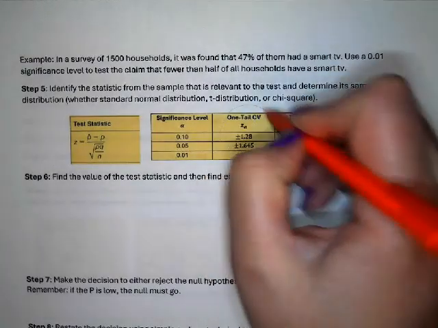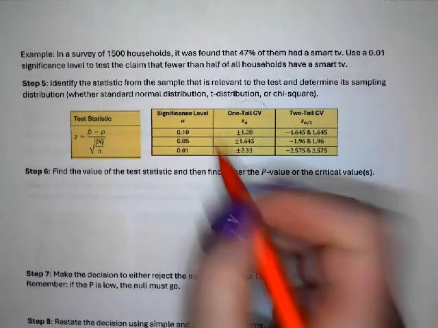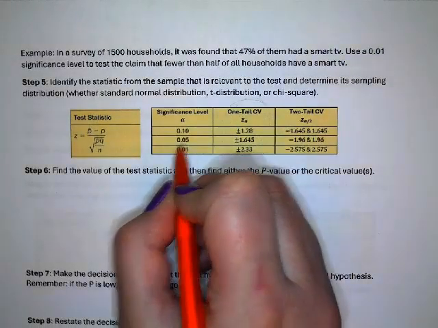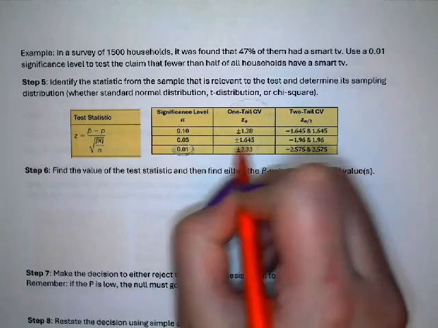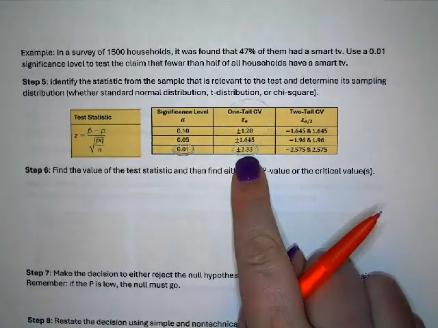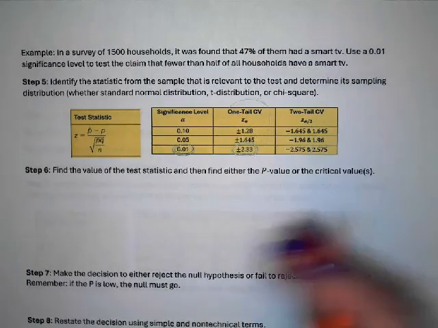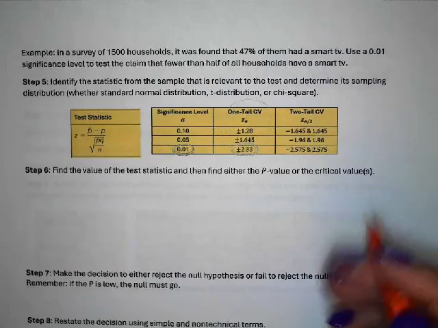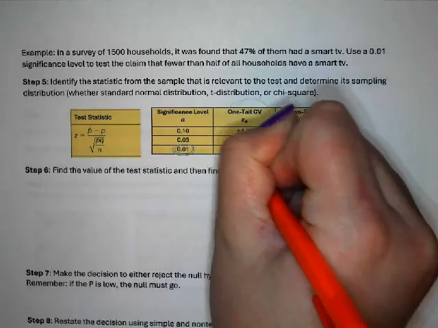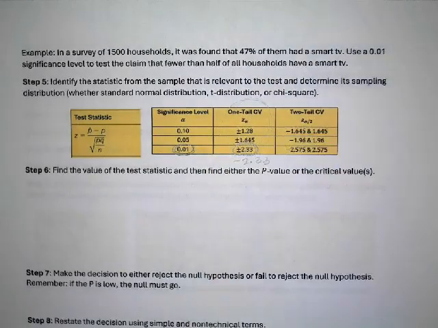We had that our significance level was 0.01, and so we're working with the critical value 2.33. Because it's a less than symbol, we're going to be working on the left side. It's going to be a left tail, and so we're going to have negative 2.33 as our critical value. We're going to use the left side.